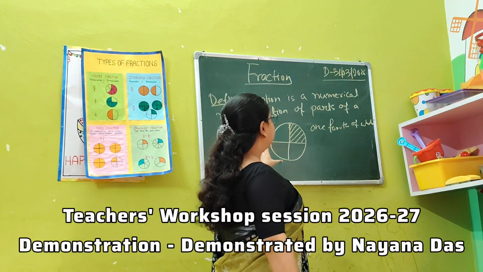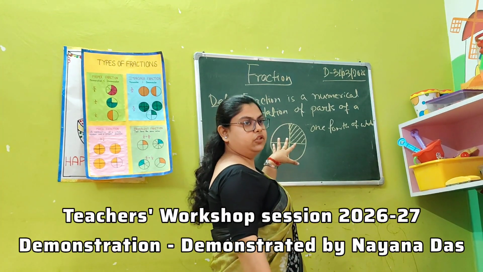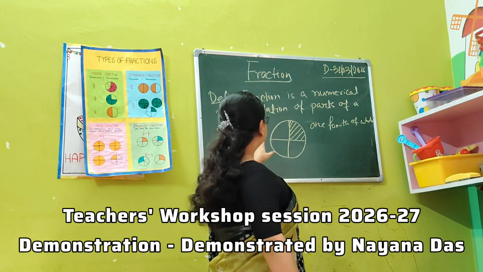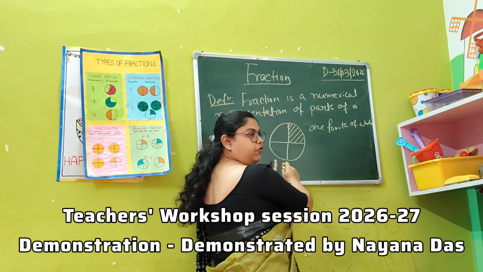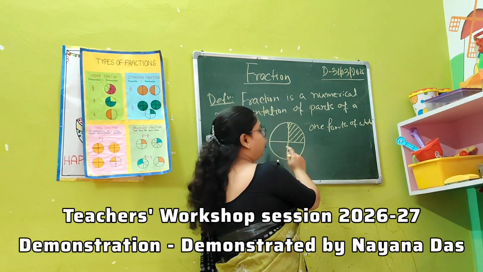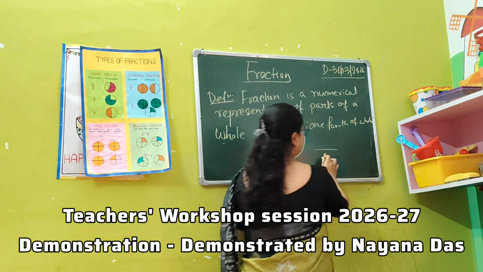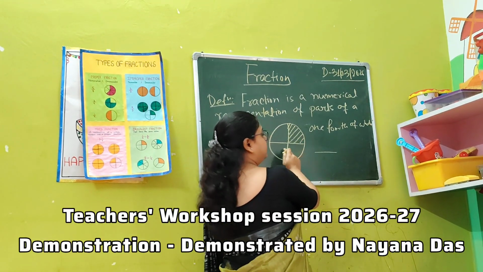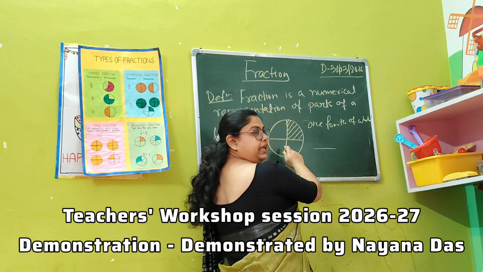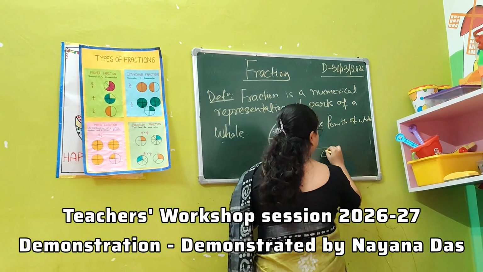So how can we represent this numerically? For this we are using fraction. For the whole, the number of parts we are dividing into, we will write below. How many parts in total are we dividing into? 4. We will write 4 here.